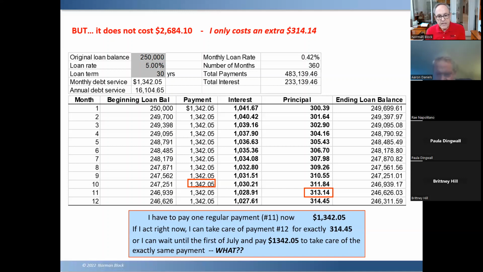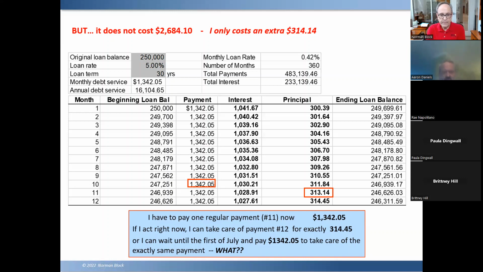But if we meet the requirements of proper prepayment, if we follow the steps of this mortgage acceleration technique, then right after we pay this payment, if we're doing everything right, we can pay an additional $313.14, which is the principal payment of the very next payment. And at that time, eliminate payment number 11 from the mortgage, saving $1,028.91.